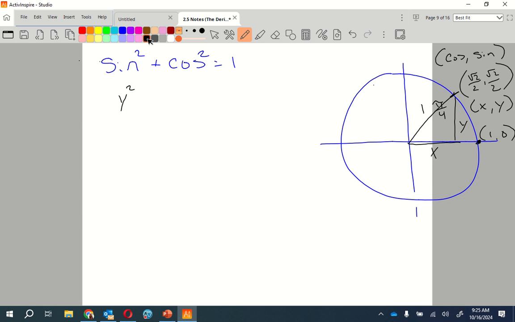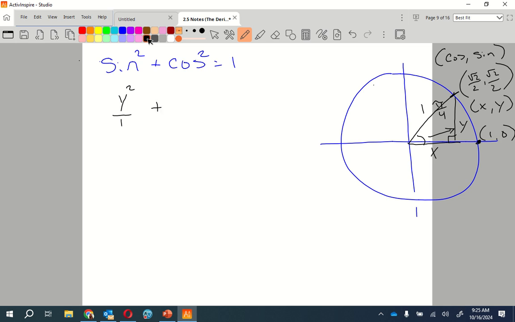So it's not really just the y value, it's sine, which is opposite over hypotenuse, right? So it's going to be y over r, my radius, or y over 1. But what is y squared divided by 1? Just y squared, isn't it?